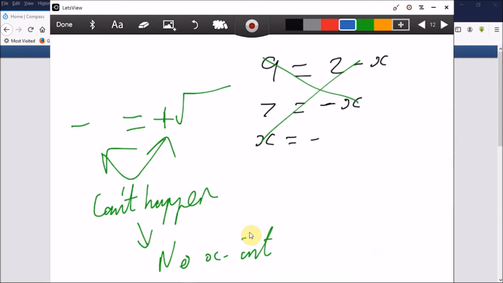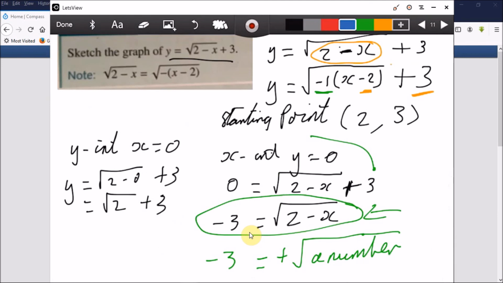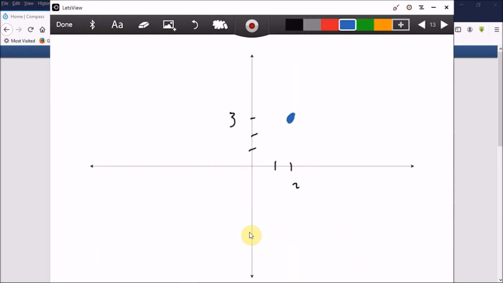We've then got our y-intercept at square root 2 plus 3. So there's 3 plus square root 2. Brings us up about here somewhere. So that's 0 and 3 plus square root 2. And it curves that way. As you can see, it doesn't go through the x-axis, and so there's no x-intercept.